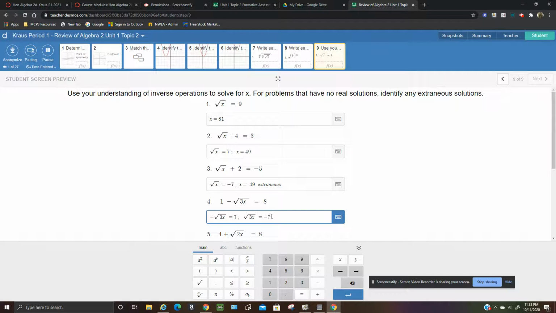And then square both sides. 3x equal 49, so x is 49 thirds. If I plug that back in, I have 1 minus 7 is equal to 8. So this is extraneous.